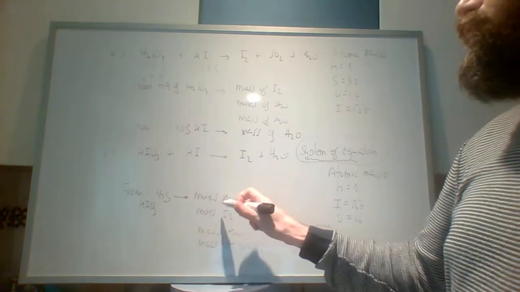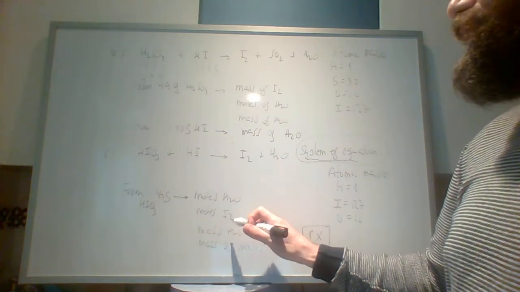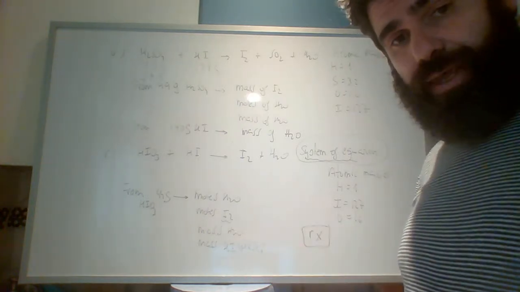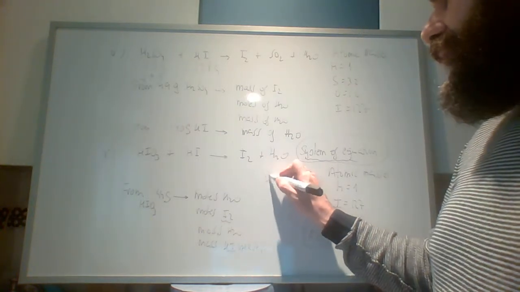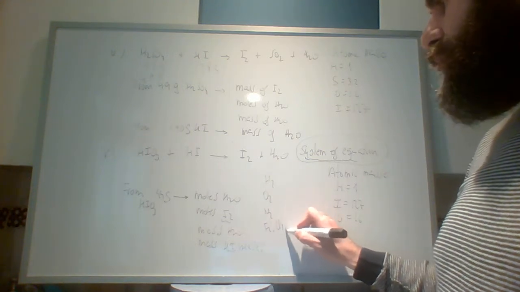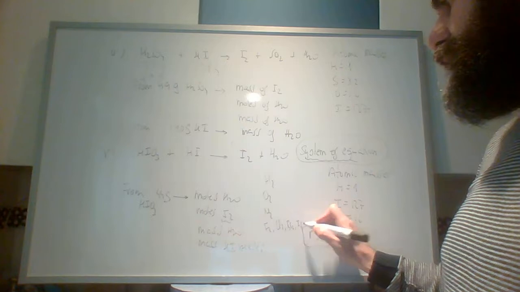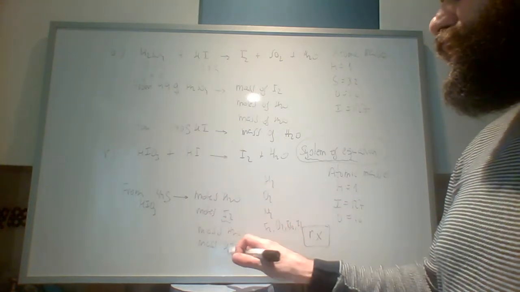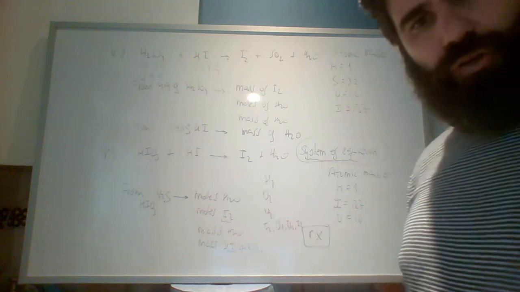Calculate the number of moles of water obtained, the number of moles of iodine. Remember, this is a diatomic molecule, so it always takes two atoms, like hydrogen, oxygen, nitrogen, fluorine, chlorine, bromine, iodine. Okay, don't forget it. So, number of moles of water, number of moles of iodine, mass of water obtained, and mass of hydrochloric acid needed.